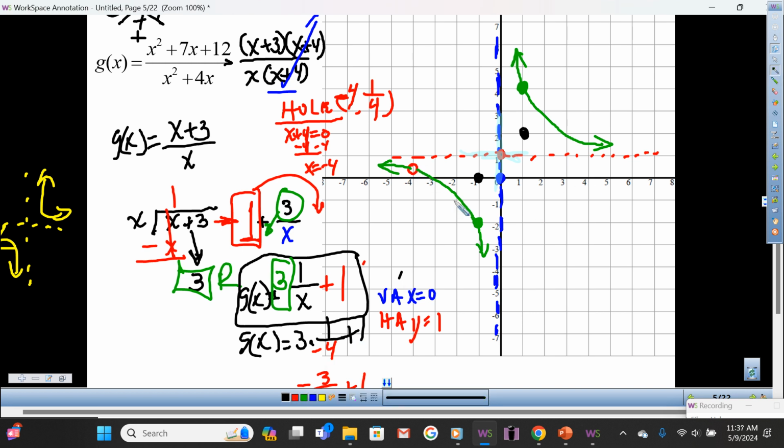If our graph is crossing through the hole, away from where both asymptotes intersect, if I go 1, 2, 3, 4 to the left and 3/4 down, what can you conclude on this side? 4 to the right and 3/4 up. So that means instead of putting a hole there, I'm going to put a point right there.